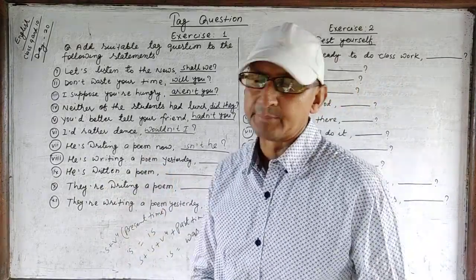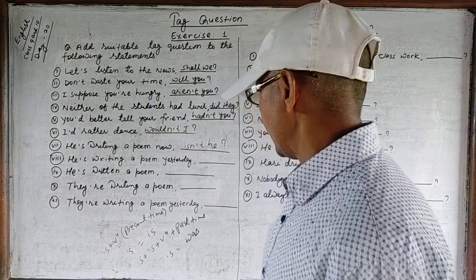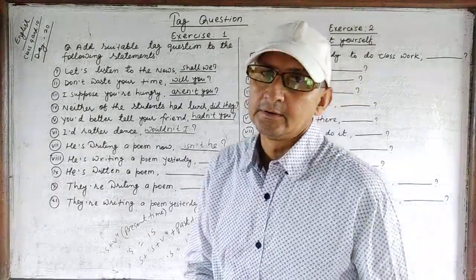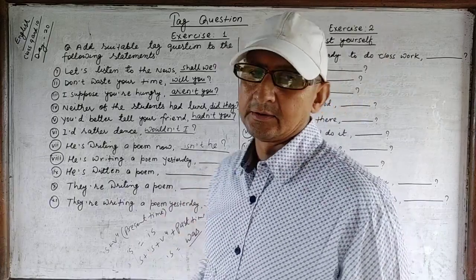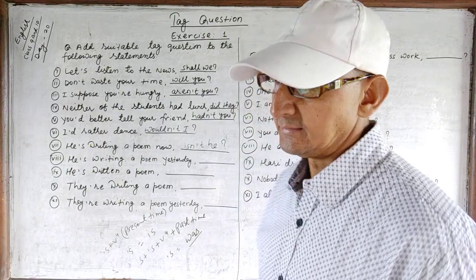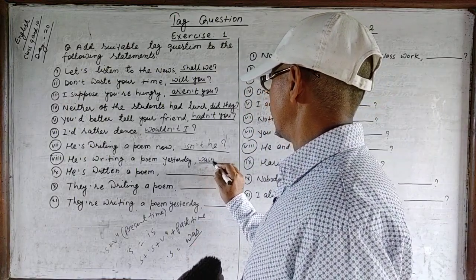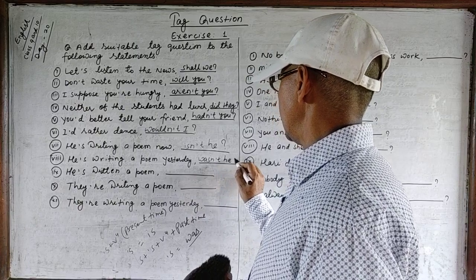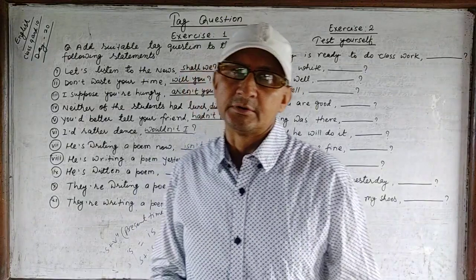The sentence is in past tense, so apostrophe s becomes was. So the tag of this statement is wasn't he.